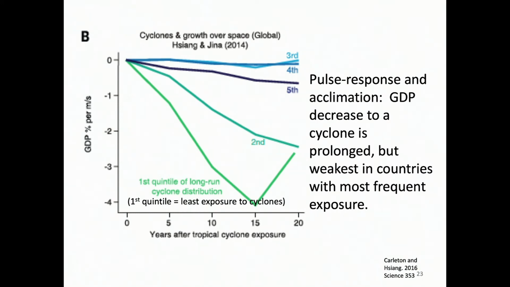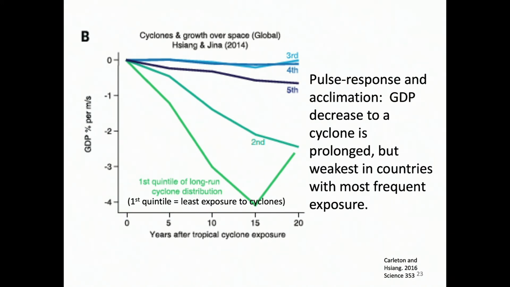So when we say cyclones, we mean big tropical convective storms with winds in excess of 75 miles an hour. That's what we mean, okay? And so this is the place with the fewest, and the fifth quintile are the 20% with the most. The second quintile are between 20% and 40% at the bottom, and so on, right?